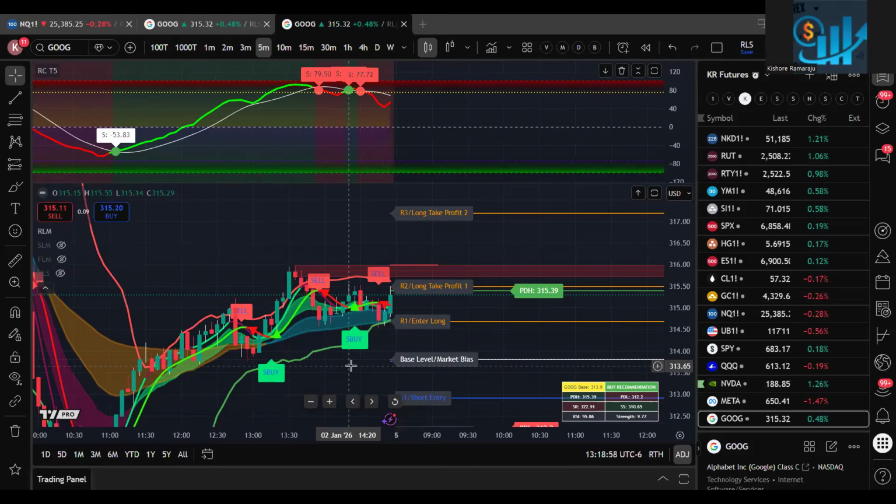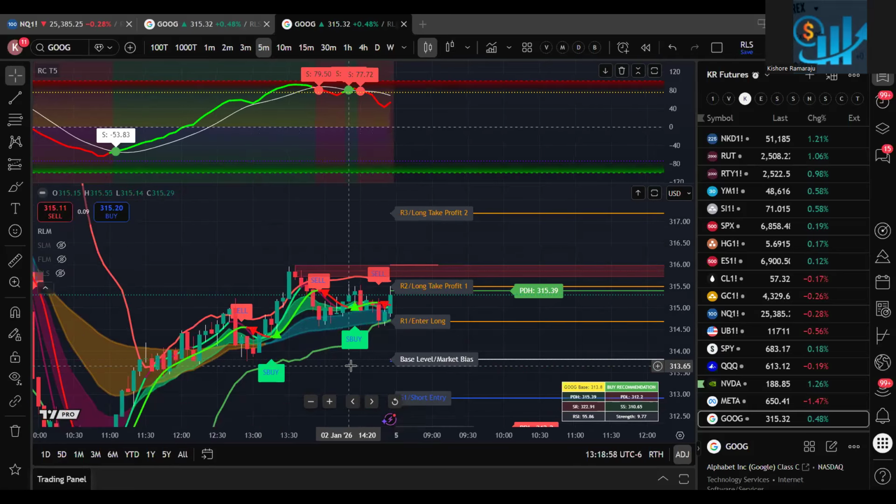So for example, ES at market open, it was already at, if you see the levels, here also you just paste the futures levels in the FLM.